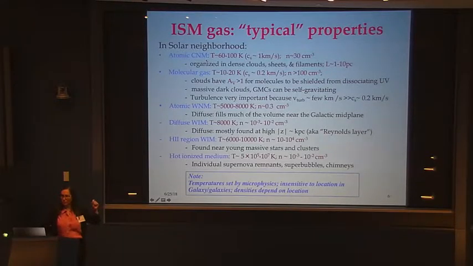Some of that gas will not, and so it can be either neutral or ionized. Of course, material that's raining into the galaxy can also be either neutral or ionized, depending on what radiation field it sees. So you can have high altitude atomic or molecular gas.